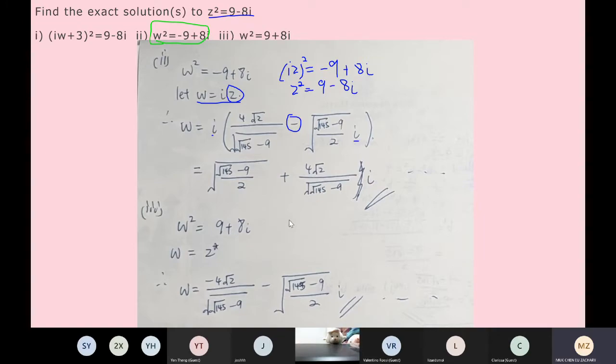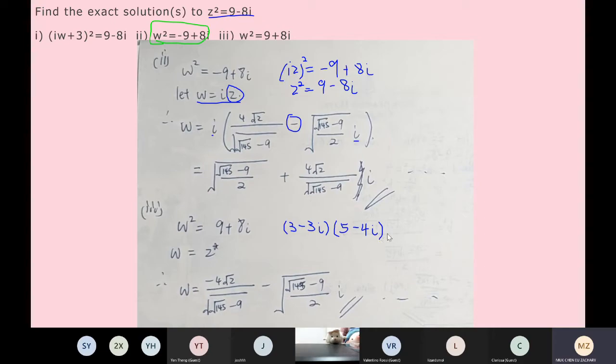Okay, so I'm just gonna give you guys an example, okay? So let's say you got two complex numbers, 3 minus 3i and 5 minus 4i.